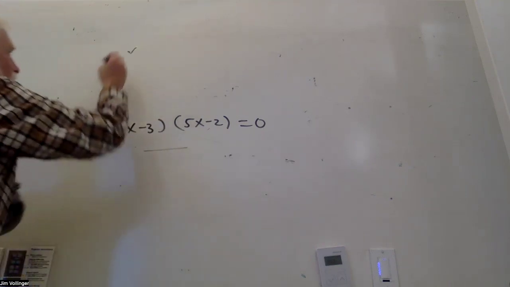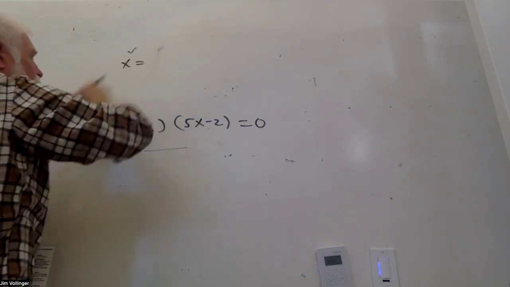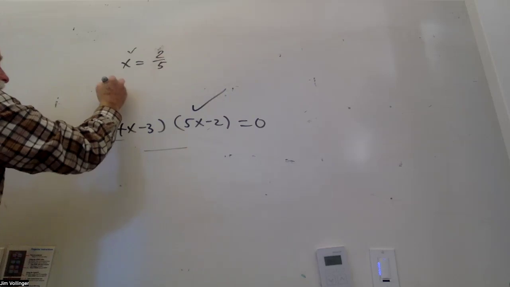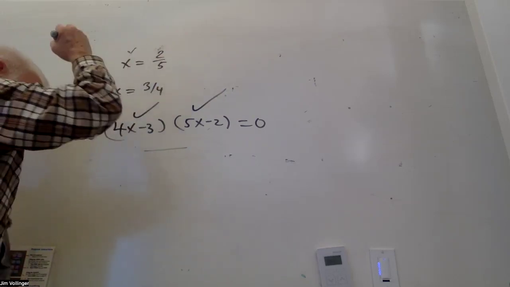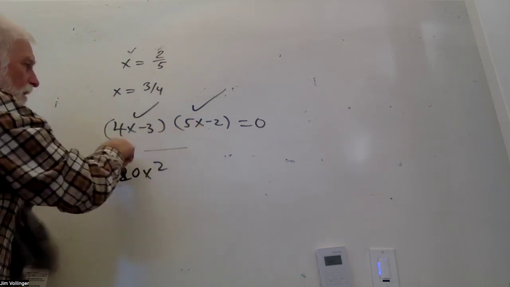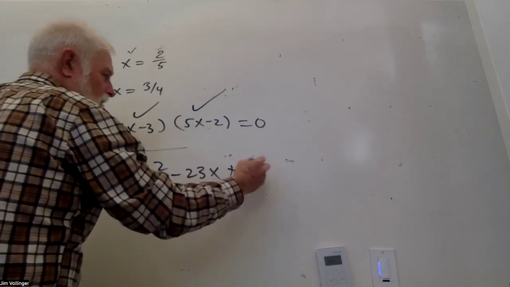So if x equals 2/5 is an answer to a quadratic, that means it's a factor. And if x equals 3/4 is the answer to a quadratic, it's also a factor. It's factors together, and you got yourself 20x squared minus 8x minus 15x plus 6, so 20x squared minus 23x plus 6 equals 0, and you're done.